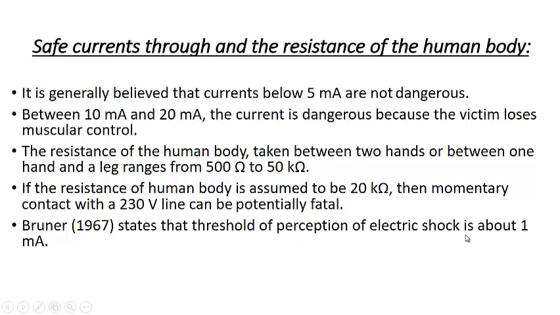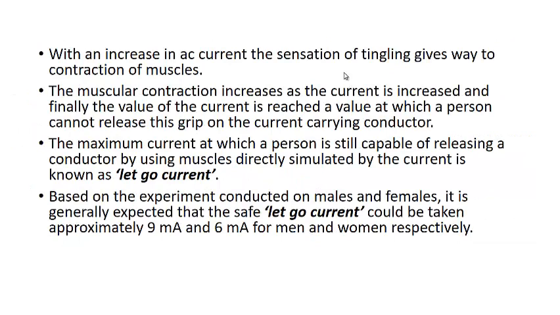When the current goes beyond 1 milliampere, a person may be able to sense the electric shock. With an increase in the AC current, a sensation of tingling gives way to contraction of muscles. The muscular contraction increases as the current increases, until a final value of the current is reached.